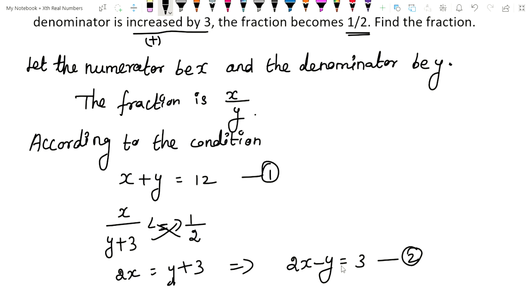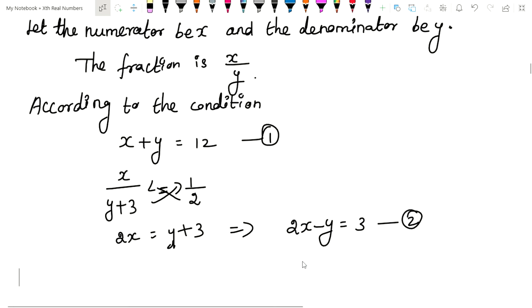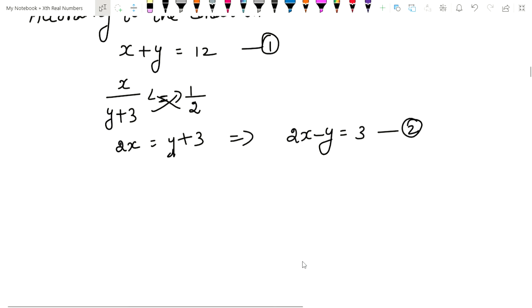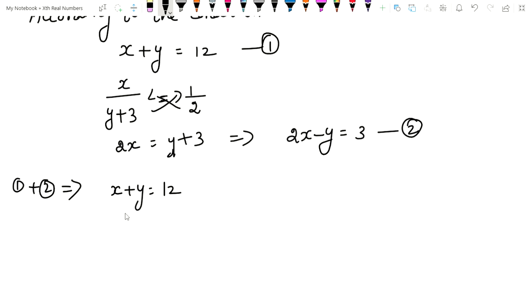Now I am going to solve the equation. See here, plus y minus y. Okay. I am going to add the equations. Now add 1 plus 2 implies x plus y equal to 12, 2x minus y equal to 3.